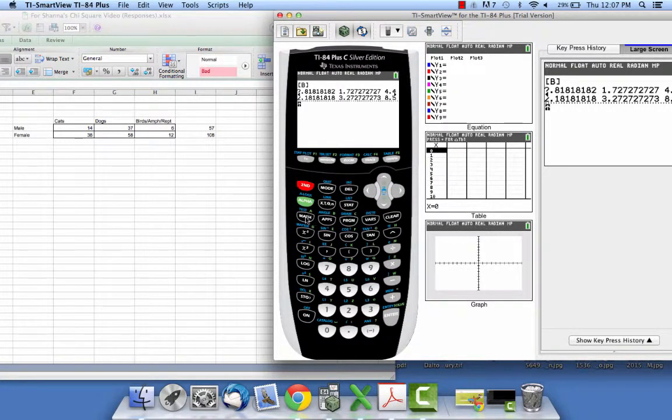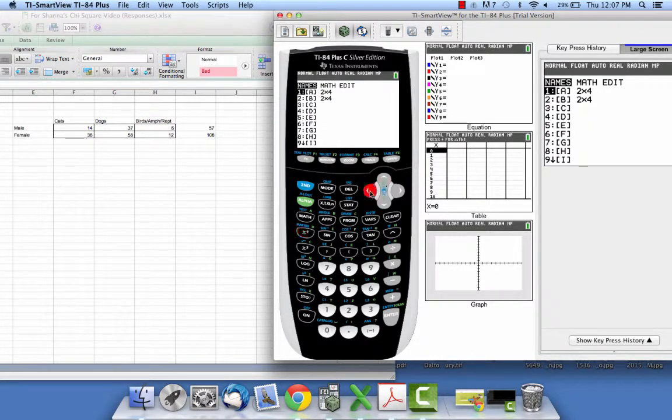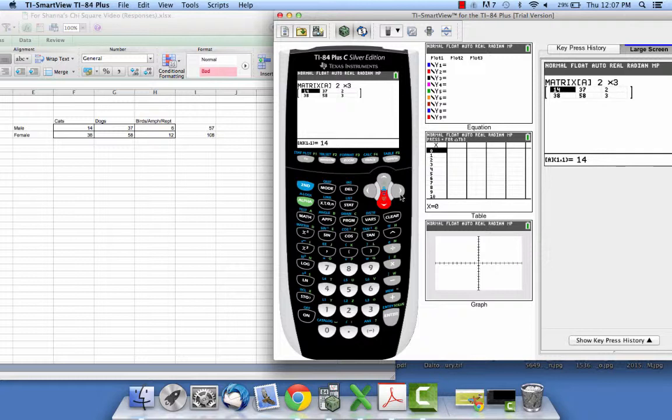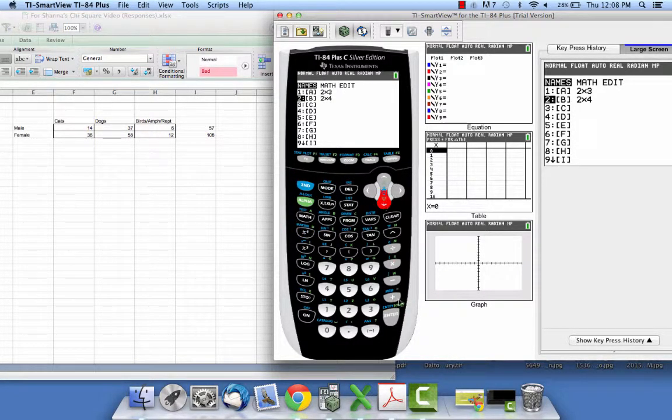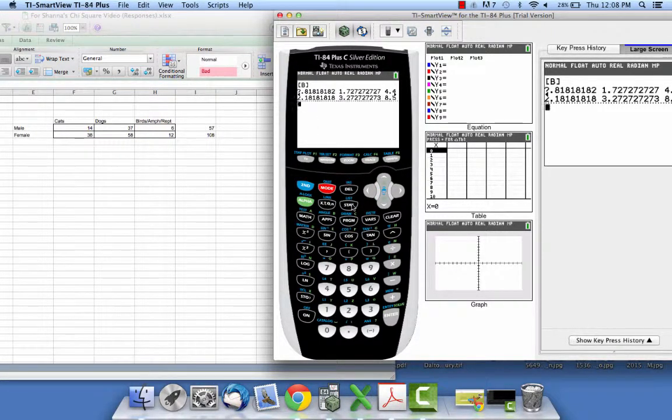But if we wanted to do it that way, then we just go back to matrix and go back to edit. And this time we'll make it 2 by 3. And we'll go change this 2 to a 6 and that 3 to a 12. And then, instead of editing, I'm just going to choose C as our output matrix now.